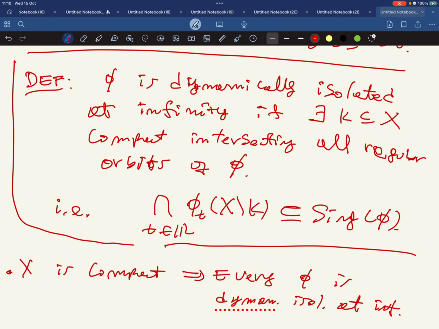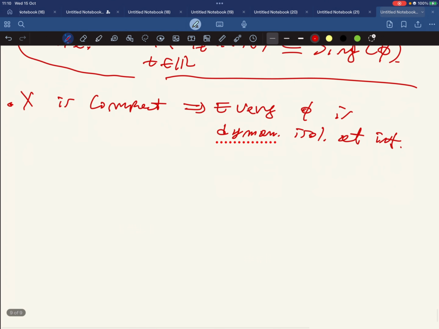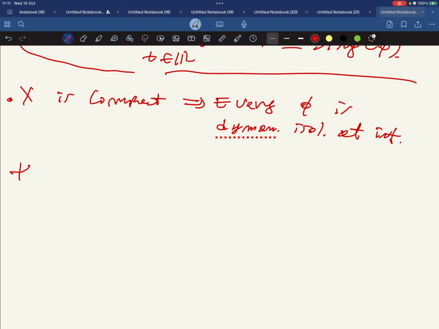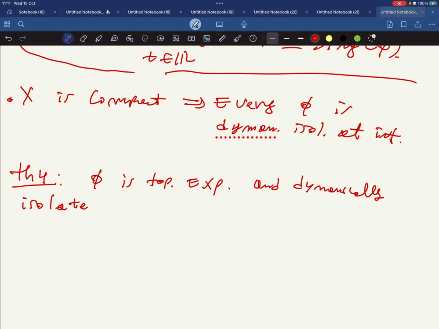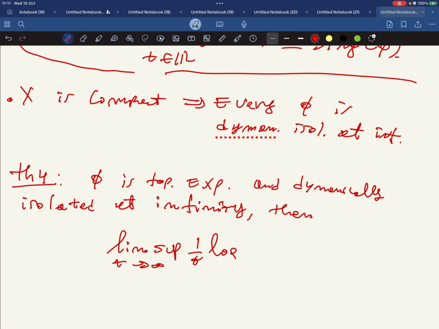Now, with this definition, we get the following theorem. Theorem 4: if phi is topologically expansive and dynamically isolated at infinity, then we get this growth rate of the periodic orbits, 1 over T log D(T).